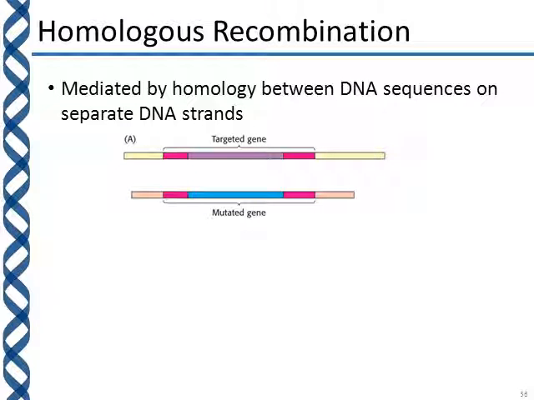Here we show our targeted gene. The targeted gene is shown in purple and the mutated gene is shown in blue. And if you note, on either side of that particular gene are two pink segments that are homologous.